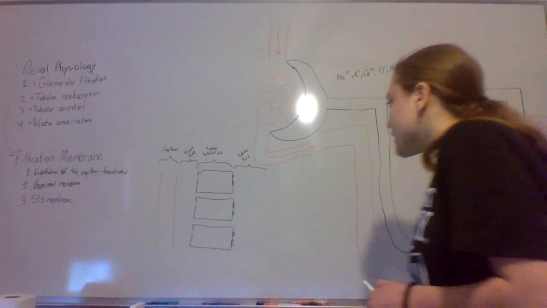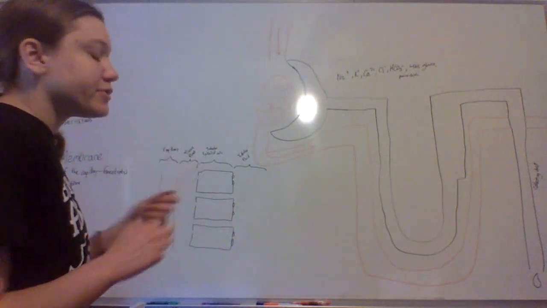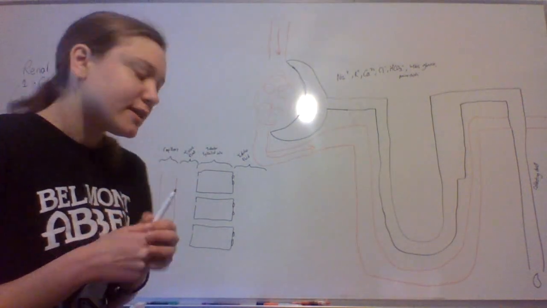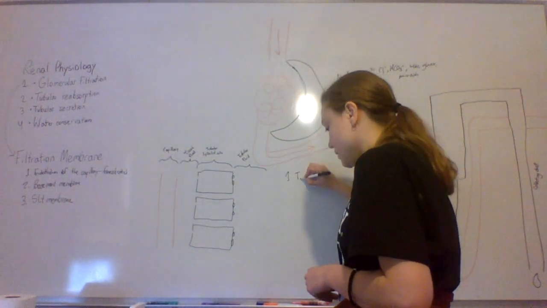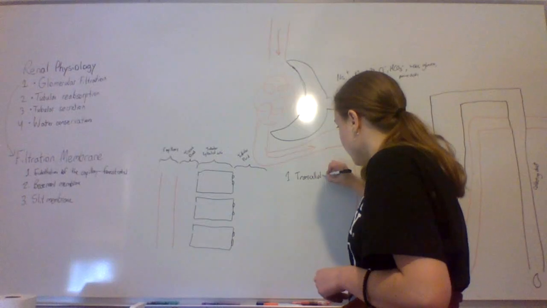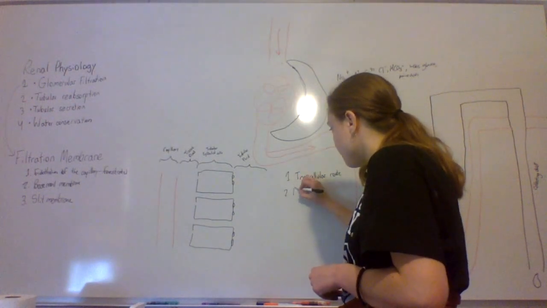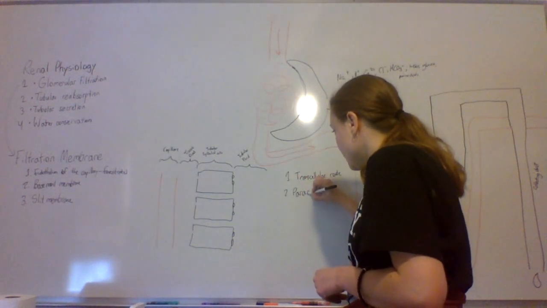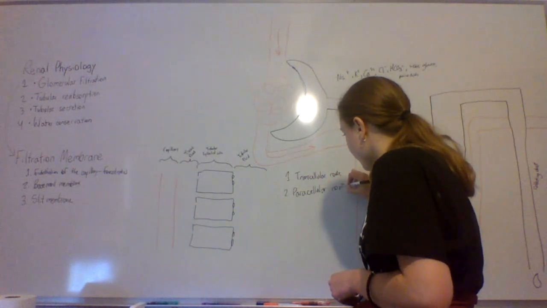Now, if we look specifically at tubular reabsorption, there are 2 routes that it can follow. One route is the transcellular route, and the other route is the paracellular route.